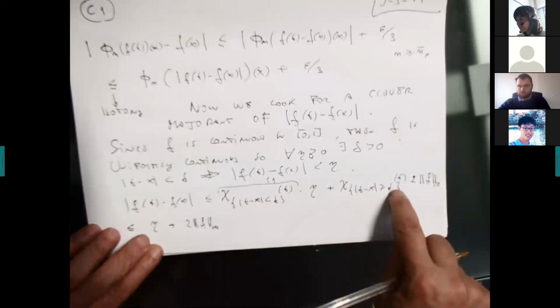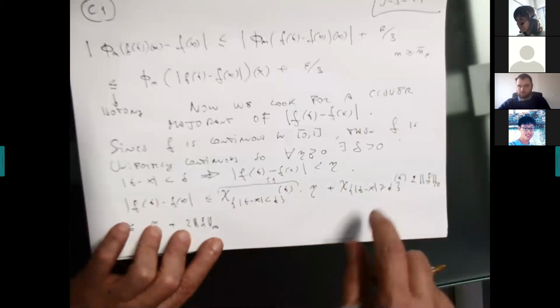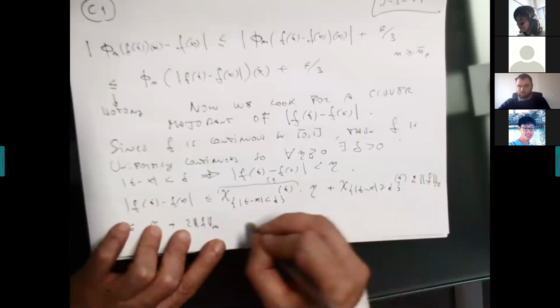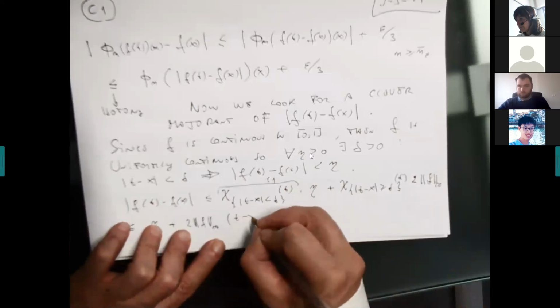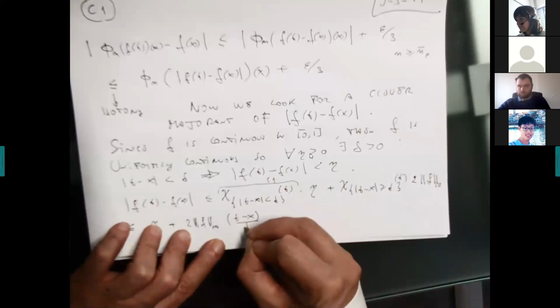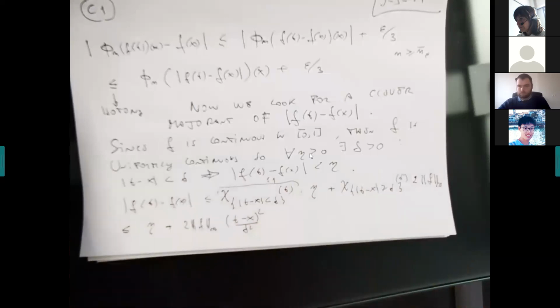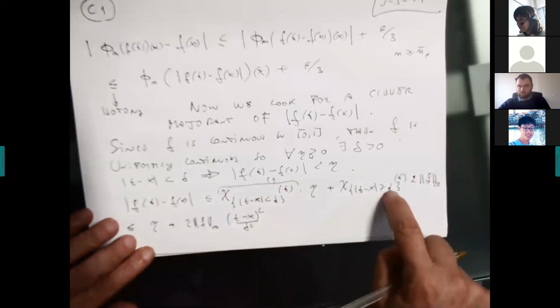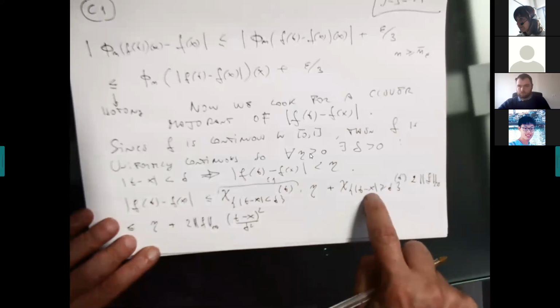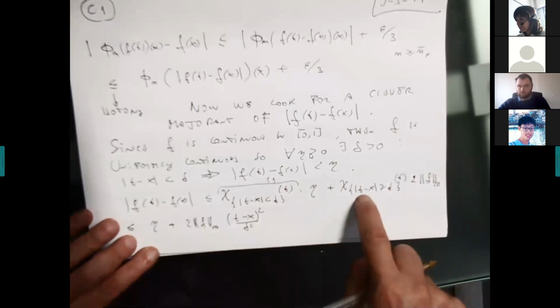So this is 0 or 1, okay? But this is bounded by what? |t minus x| divided by delta to the power 2. Why? Because when this inequality is satisfied, then |t minus x| divided by delta is larger than 1.